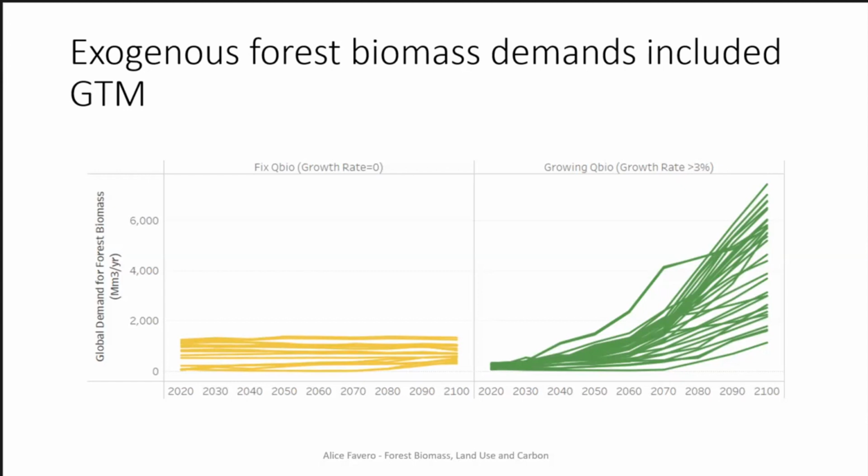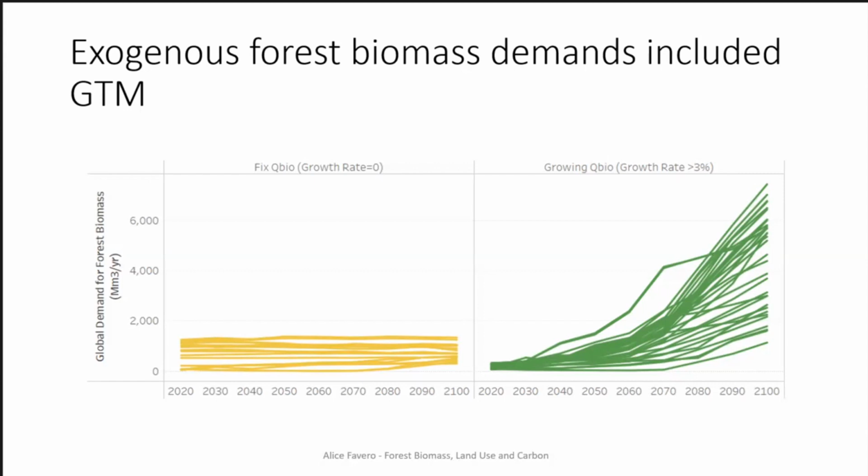So these are the two demand pathway categories that we are including in GTM. We ran the model under 50 scenarios separately, and the goal is to try to understand how these singular demands are going to affect land use and carbon balance.